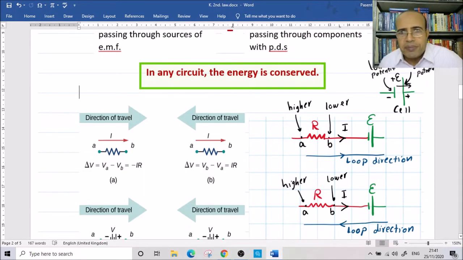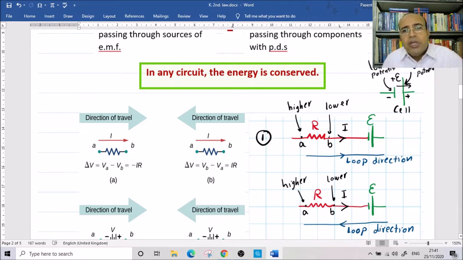Look at this example. This is a resistor R and the cell. Let the current be in that direction. This is case number 1, the current to the right. Because the current is to the right, point A has higher potential than point B. If the loop direction is to the right and the current is to the right, what will happen to that charge?